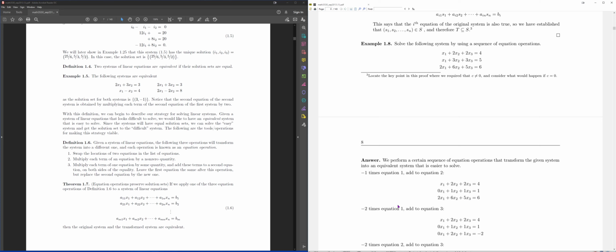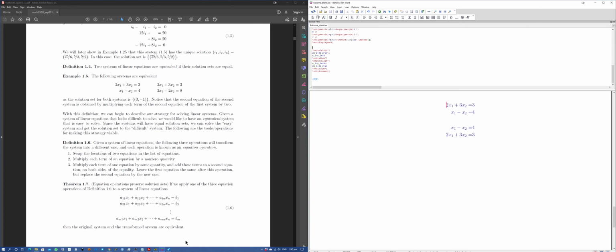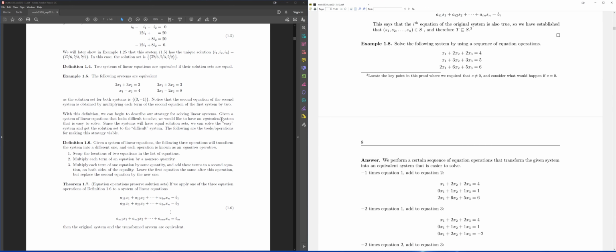Okay, so what I've been saying is that if you have a system over here and you swap 2 equations, you don't change the solutions, right? If you multiply one equation by a non-zero scalar, you don't change the solutions, right?